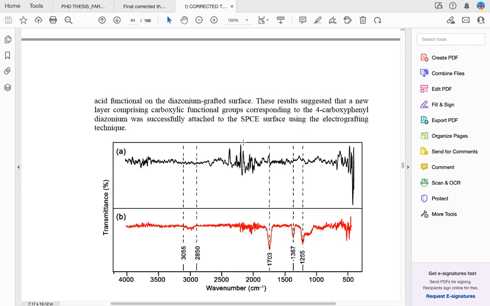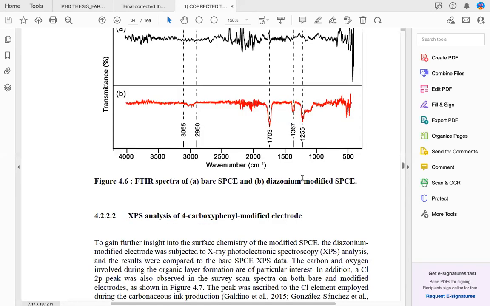So how? By showing before and after. So FTIR spectra of A, bare, means no modification, and B with modification. So there are significant changes in the functional groups.